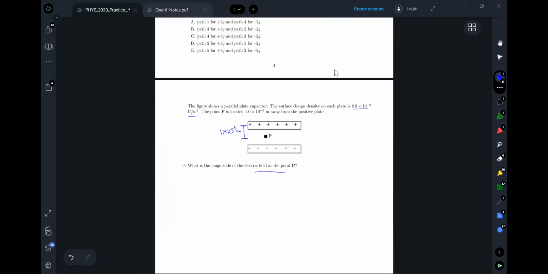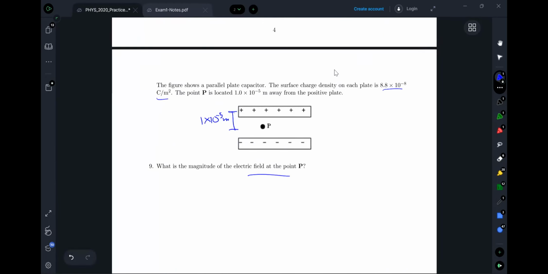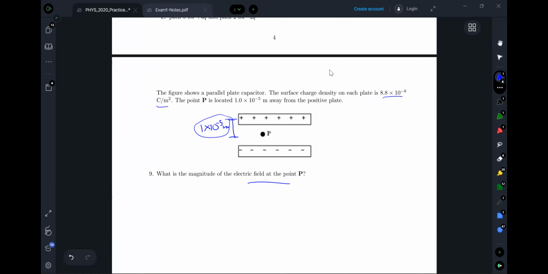What is the magnitude of the electric field at point P? Now, this one is a little bit tricky in that, does the distance of this charge from either plate matter? As far as determining the electric field? No, why doesn't it?